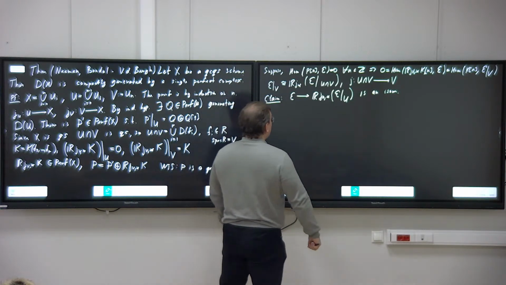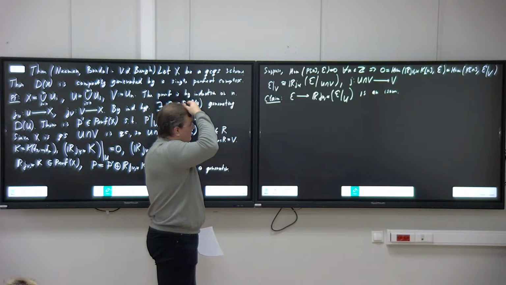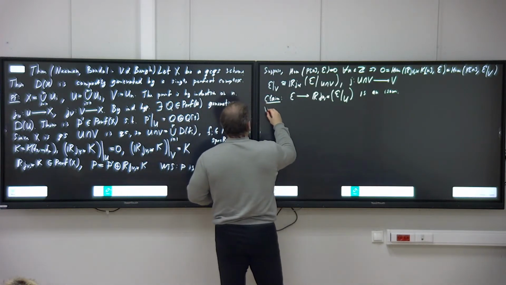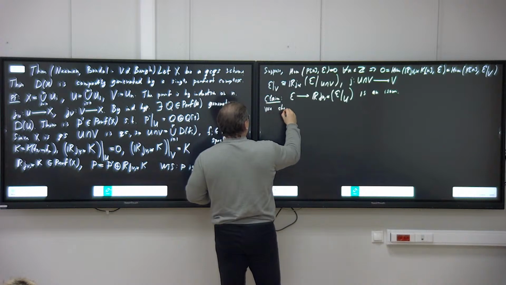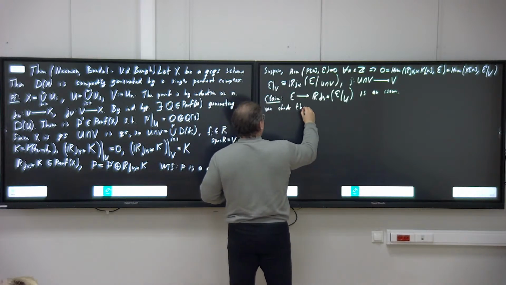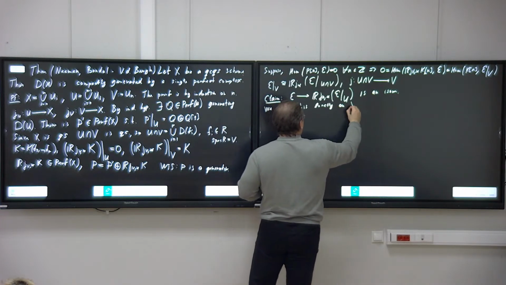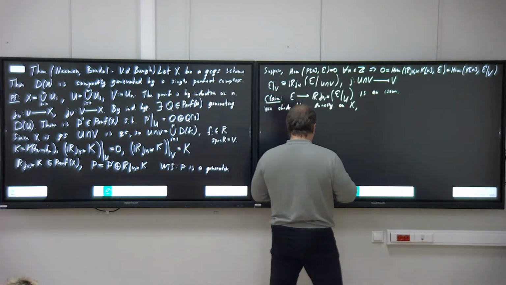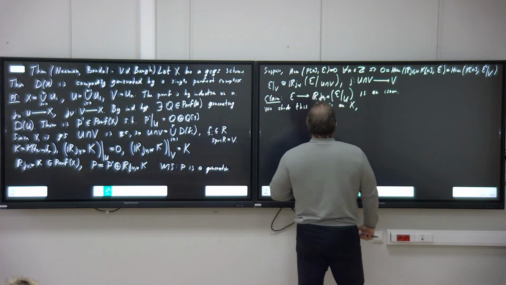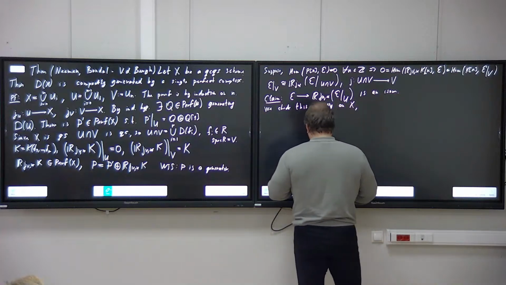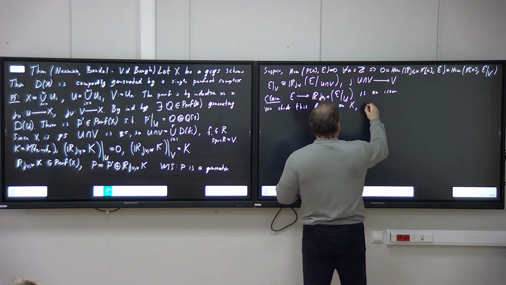Okay, so to check that this map is an isomorphism, I can do this locally on X. So we check this locally on X. And so we need to check this for U and for V, right?